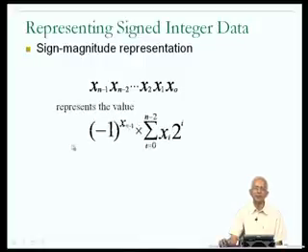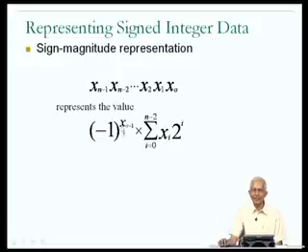And the answer is x_{n-1}, x_{n-2}, etc. up to x_0 represents the value (-1) to the power x_{n-1} multiplied by the summation i equal to 0 to n-2 of x_i multiplied by 2 to the power i. Right? So what we have here is i is the bit position, assuming that I number the bits from right 0 up through n-1 at the extreme left.